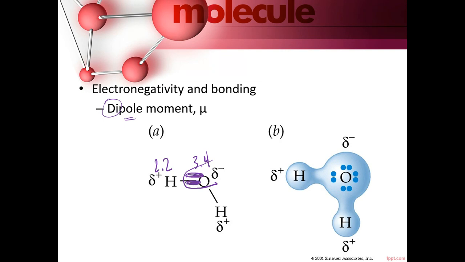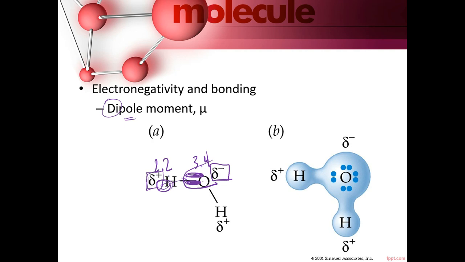And so those electrons are sitting over here more, which results in a partial negative charge on the oxygen side of the molecule. Whereas because those electrons are farther away from the hydrogen, I've got just a little bit of positive left from that proton. This is going to be a partial positive charge on the hydrogen side of the molecule.